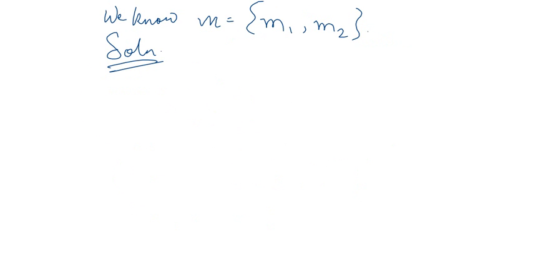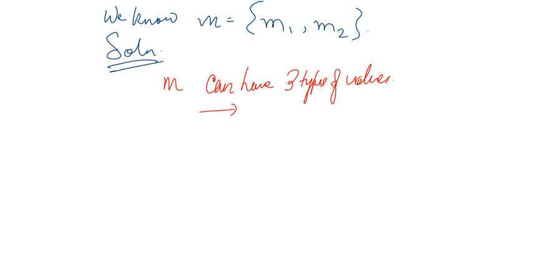So we will find that m can have three types of values. One, it can be real and distinct.